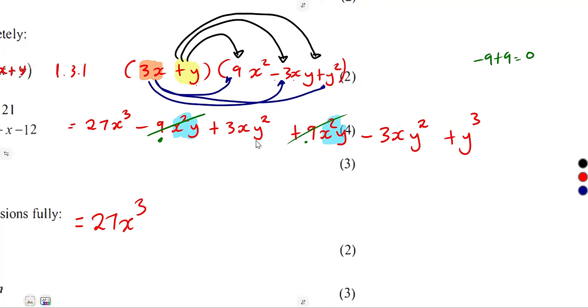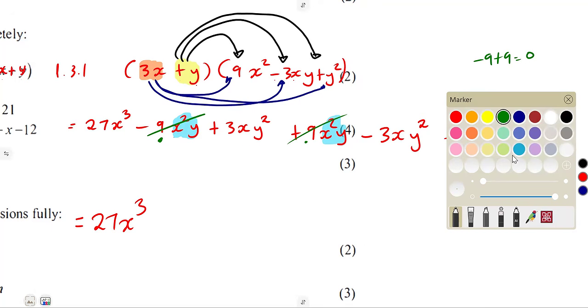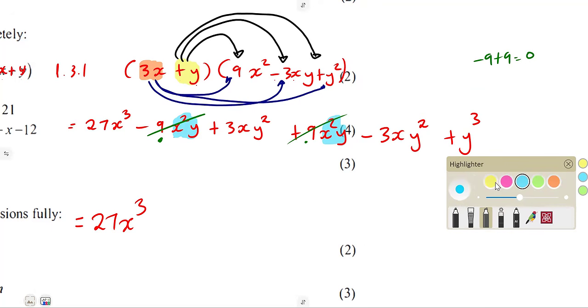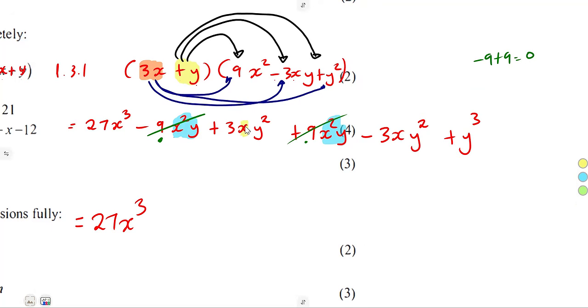Then we also have the part of xy squared. Those are like terms again, so we must consider that separately. Take note, it's supposed to be exactly the same for you to say they are like terms.